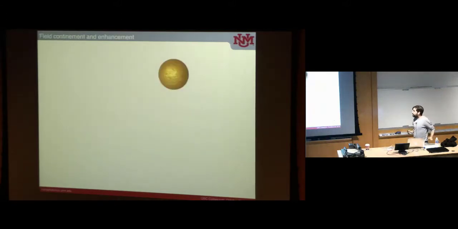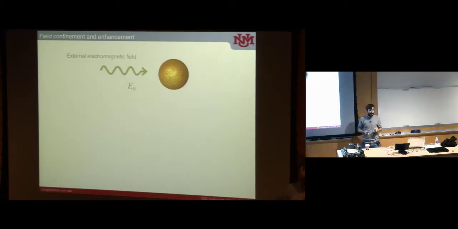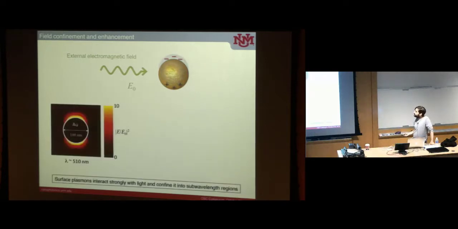So for us, plasmons are interesting because when you shine light on a nanoparticle and you excite one of these excitations, then what happens, if you look at the near field, for example, here is a gold nanoparticle of 100 nanometers, illuminated at 510, which is exactly the resonance of the plasmon that it supports. You can see that if you calculate the near field around the particle on resonance, you get a very strong field, and that is very concentrated in a very, very tiny volume.